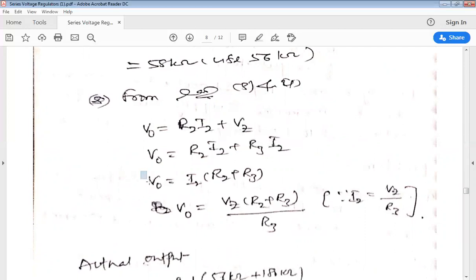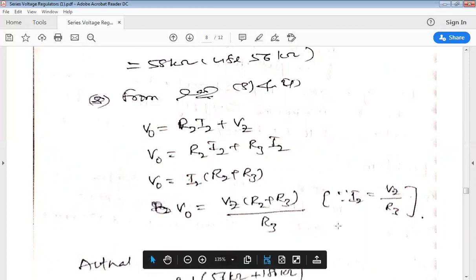Then I am going to get the total value: V naught is equal to I2 common in both the sections, I2 into R2 plus R3. Therefore, Vz is equal to V naught into R3 divided by R2 plus R3, the total equation we derived in the previous case.